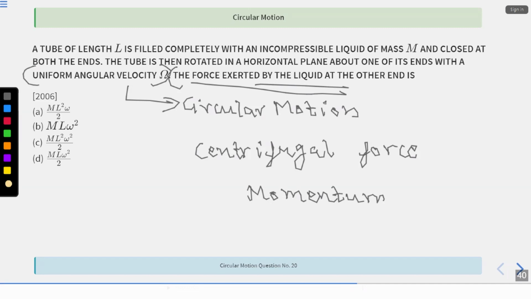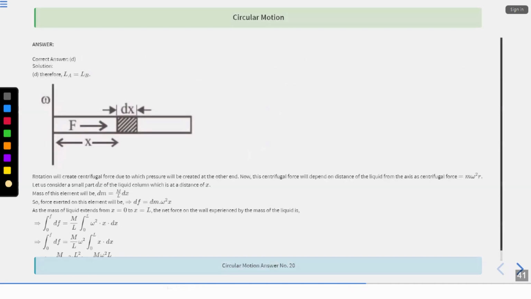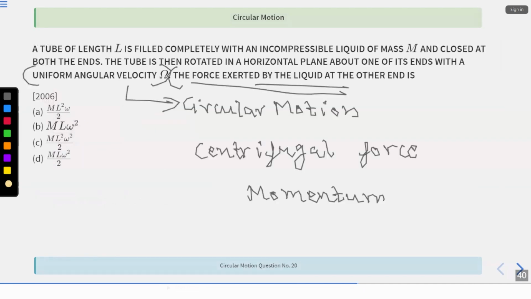So first of all, we'll draw the diagram. What they're telling is there is this axis. And the tube of length L is filled completely with an incompressible liquid of mass m, and it is closed at both the ends. Then the tube is rotated in a horizontal plane about one of its ends.